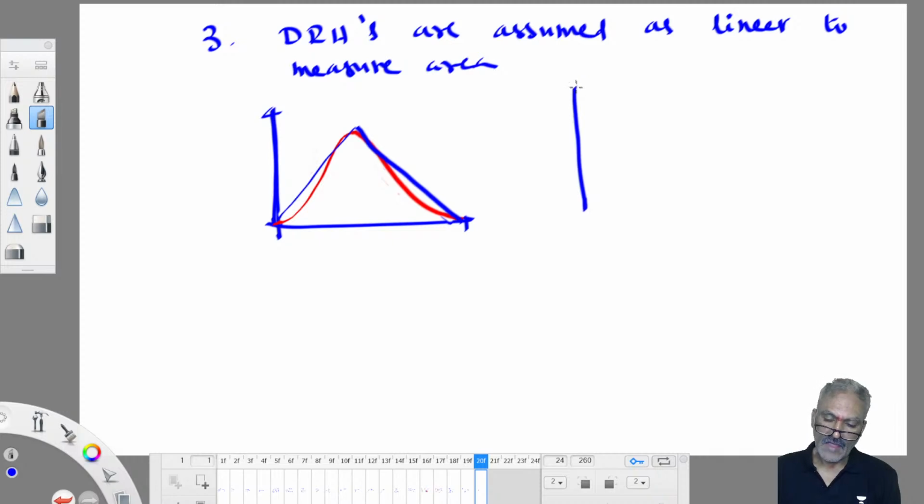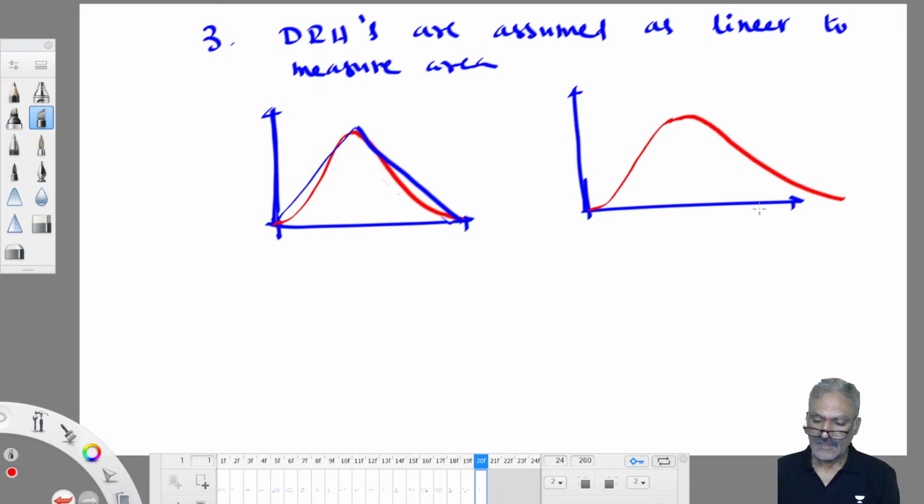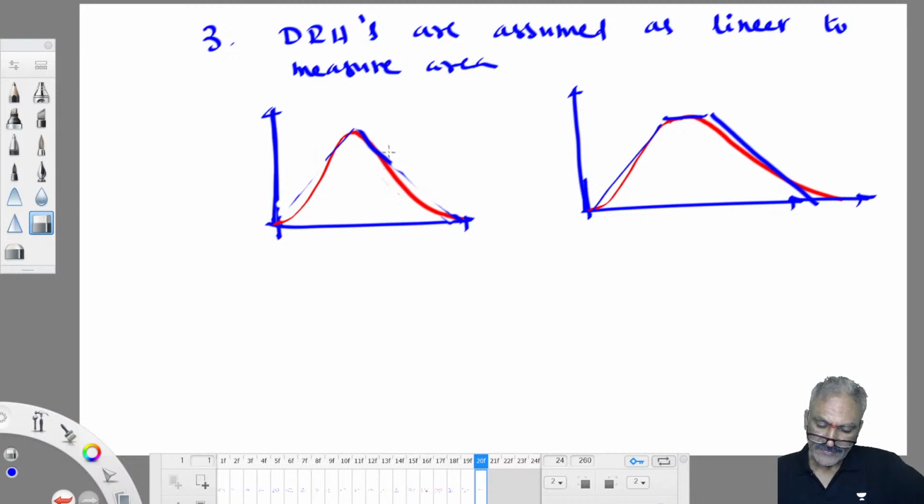Similarly, if you have a squatty type hydrograph, that is, base more, wide peak, like this, such types of hydrographs we can idealize as trapezoidal shape. We assume it as trapezoidal so that we can easily measure areas.